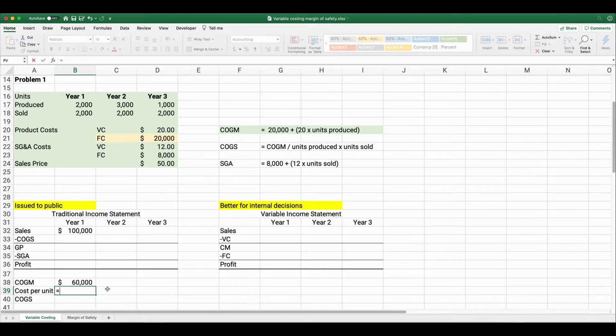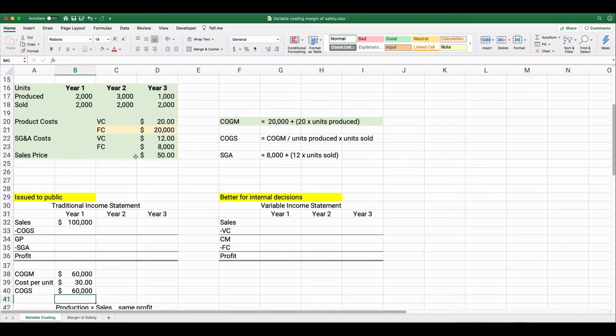Our cost per unit is going to be the 60,000 divided by the 2,000 we produced, so it's $30 each, and our cost of goods sold is the $30 times the 2,000 that we sold. So our first year cost of goods sold is $60,000. Our gross profit then is $100,000 minus the 60, which gives us gross profit of $40,000.